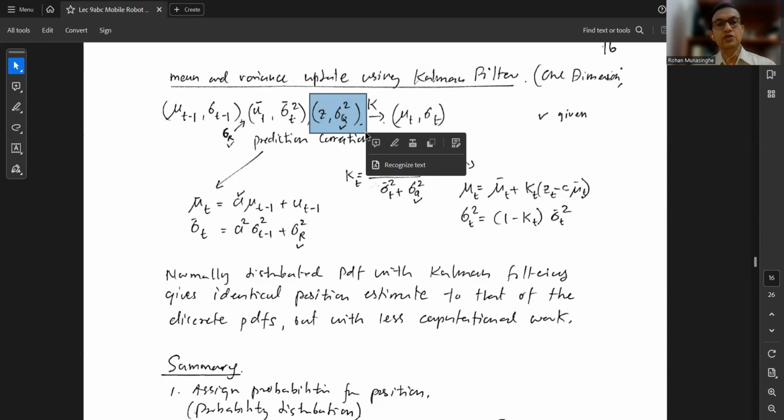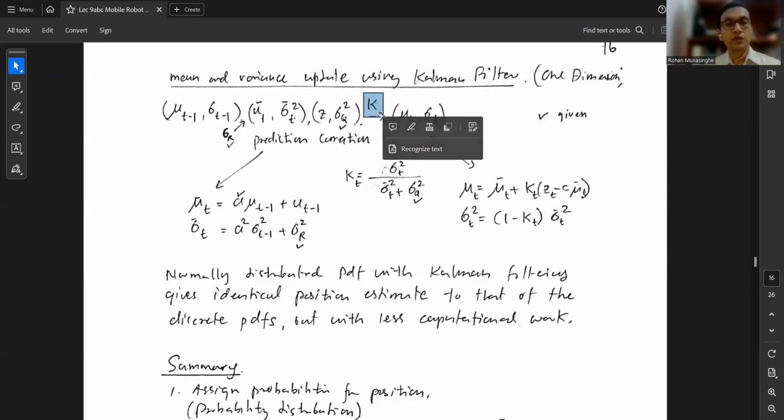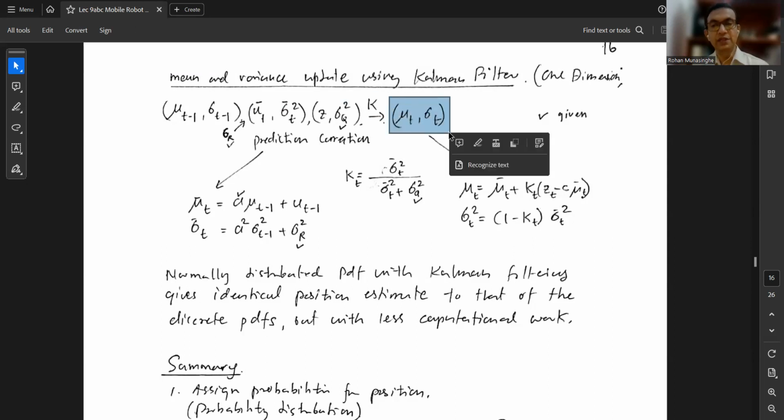You consider these two together and calculate the Kalman gain, K. With the Kalman gain, you create another distribution function at the same time t, that is mu and sigma. This time there's no bar. The bar vanishes, okay? So this is the process. From this point onwards, you can go to t plus 1 and so on. So this is how it happens.